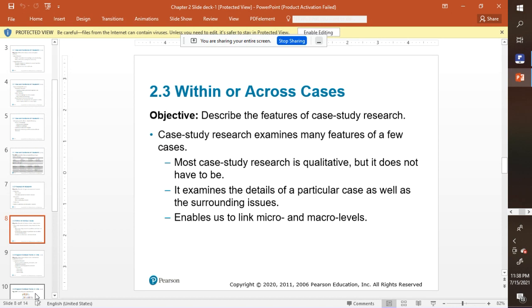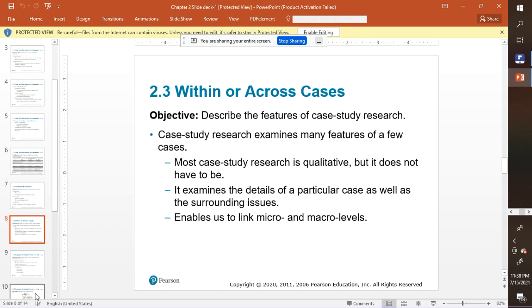Now, we try to look at within or across cases. When you carry out research describing the features of case study research, you examine many features of a few cases. It's usually qualitative, but it doesn't have to be anyway.